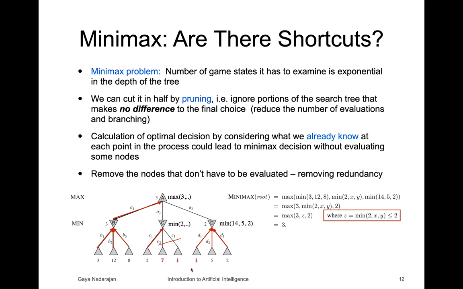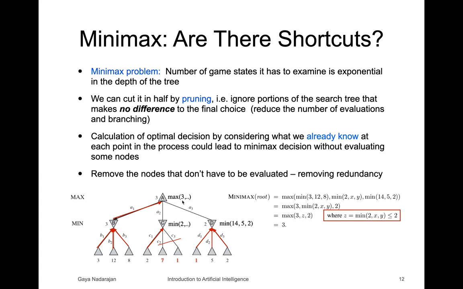However, if you had a number like 1 here, if let's say you started off with 1 here, then it's obvious that you will be here with a bunch of numbers starting with minimum 1, and immediately you can tell the search to stop, and you can prune all of this because the minimum of a bunch of numbers with 1 in it is not going to be bigger than 1.